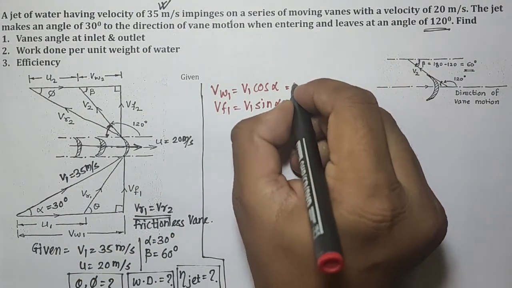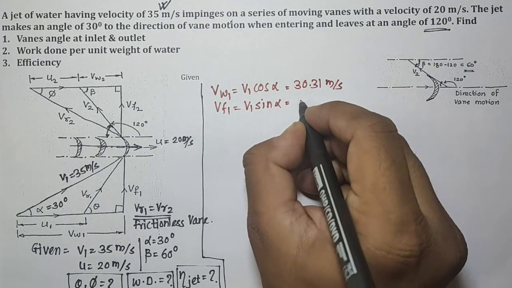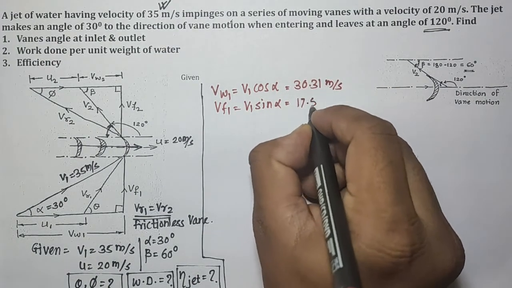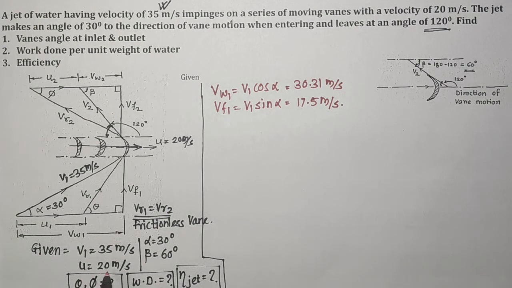VW1 is found to be 30.31 meter per second and VF1 is found to be 17.5 meter per second. So we have found VW1 and VF1. Now u is the velocity of the vane, and that velocity given here is 20 meter per second.